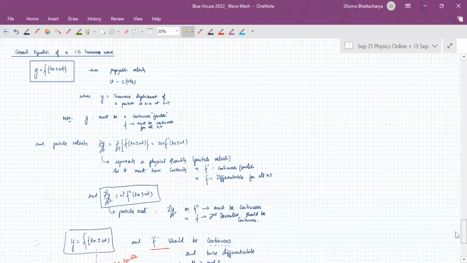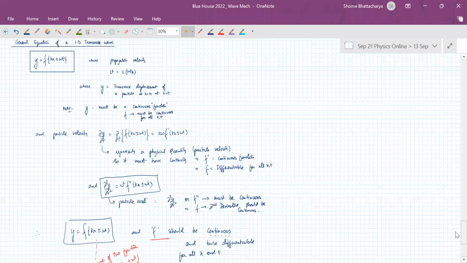Okay, so this is the same thing, but summarized now, with the added context that if that function is representing a traveling wave, then y represents a physical parameter. So y should be continuous for all x and t. Similarly, del y by del t represents the physical parameter of particle velocity, so it also has to be continuous. In maths language, when the derivative of a function is continuous, the function is differentiable.